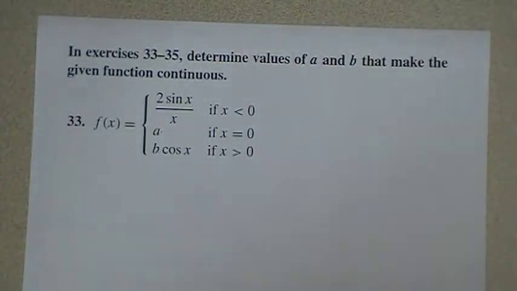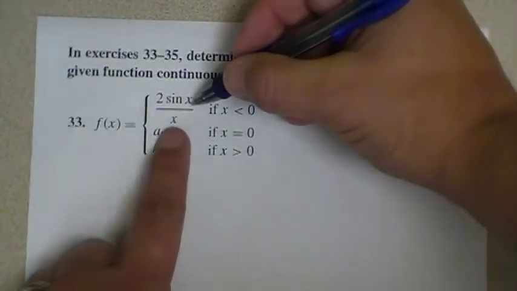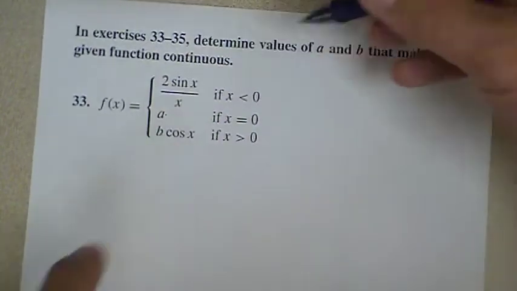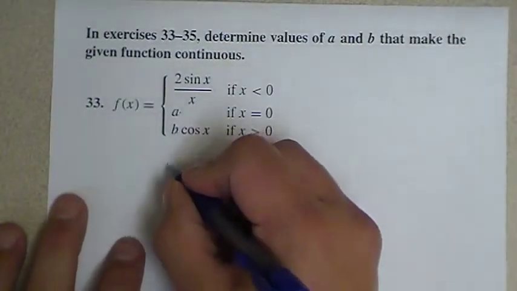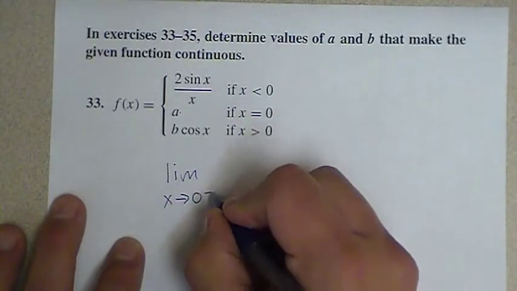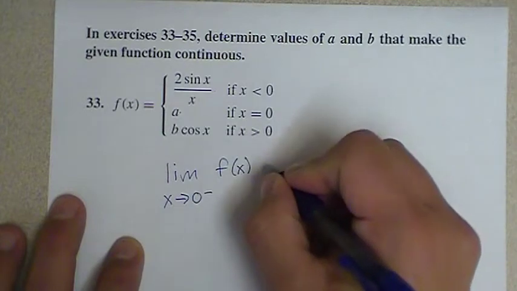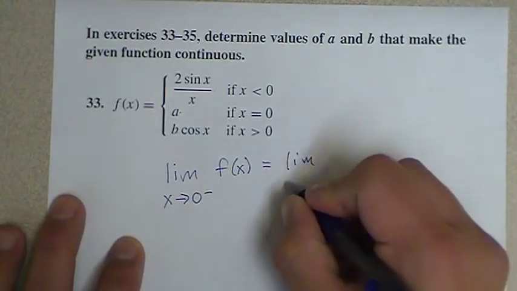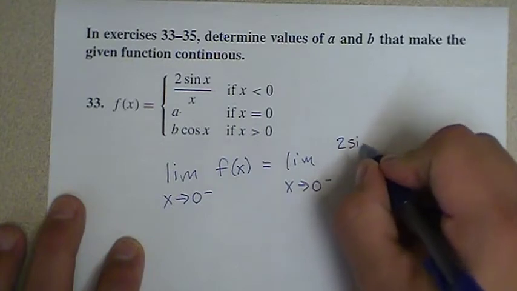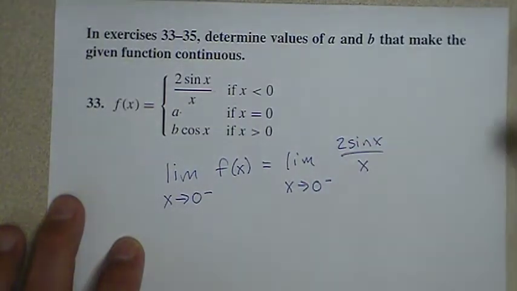I want to see what value this function takes on when x is just beneath 0. So basically I'm checking the limit as x approaches 0 from the smaller side on the graph of f of x, which corresponds to the limit as x approaches 0 from the smaller side of 2 sine of x over x.